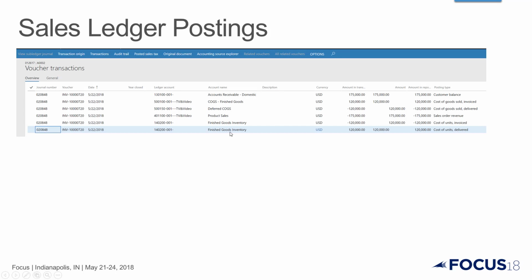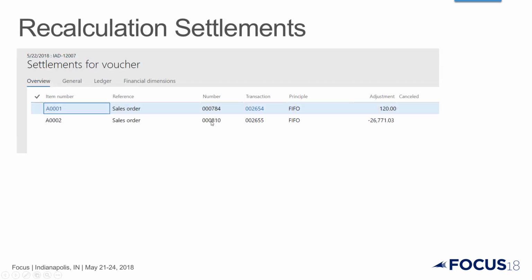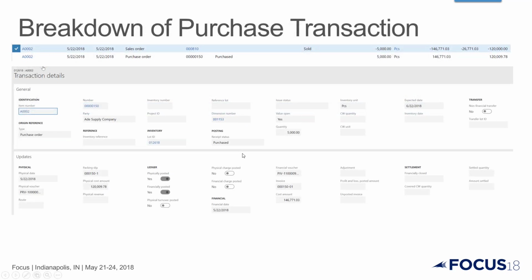So it posted originally the 127. It now created this adjustment. And keep in mind, the principle is not important here. It can be an adjustment based on FIFO, but it's not in this case. This was based on a timing difference. So it shows you made the settlement adjustment through this process, the recalculation.